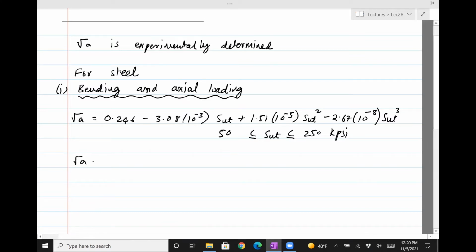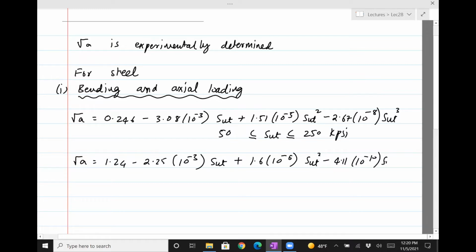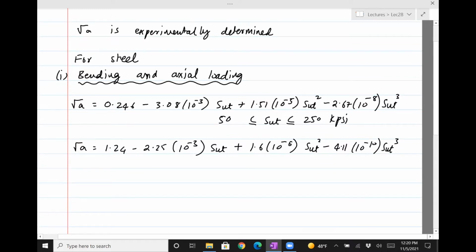If you want to do it in SI units, then it is 1.24 minus 2.25 times 10 to the negative 3 times S_ut, plus 1.6 times 10 to the negative 6 times S_ut squared, minus 4.11 times 10 to the negative 10 times S_ut cubed. This is when S_ut is in the range of 340 to 1700 MPa.